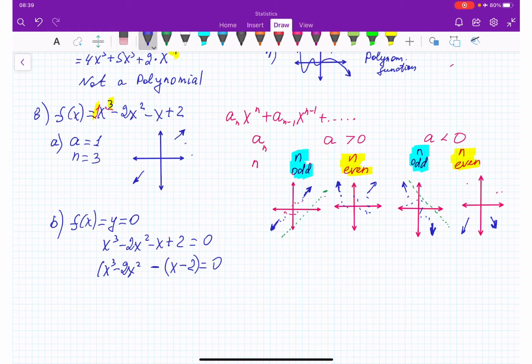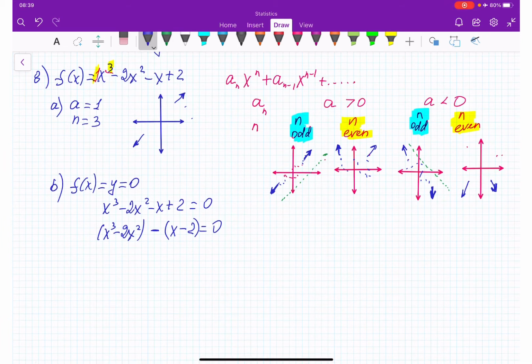Okay. Now that we have the groups, let's take the common factor. From the first parenthesis, the common factor is x squared. Inside will be left x minus 2, minus x minus 2, equals 0. Here is an interesting factor: we have a common factor for both terms. This is one term, this is another term.